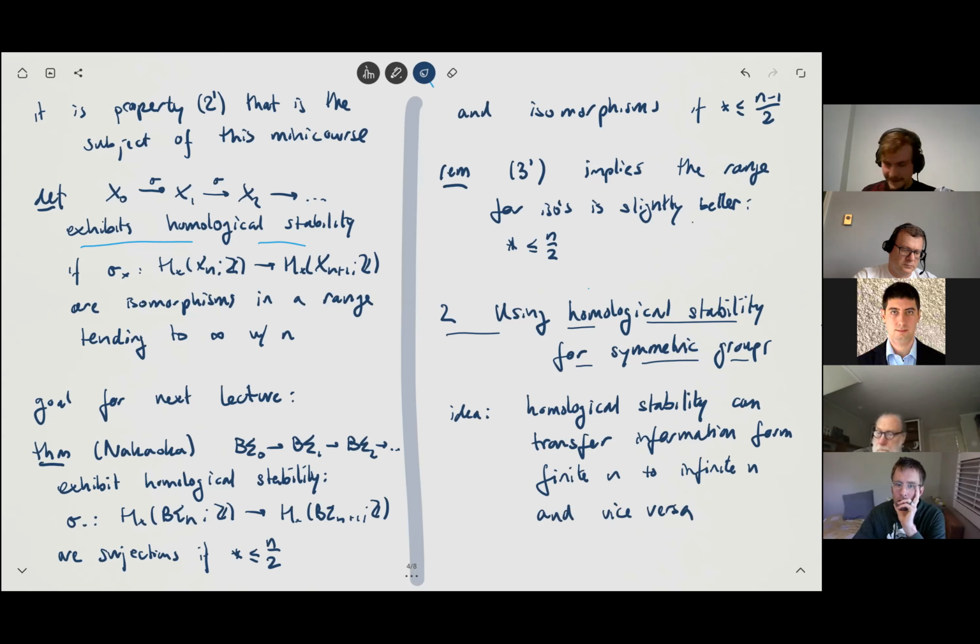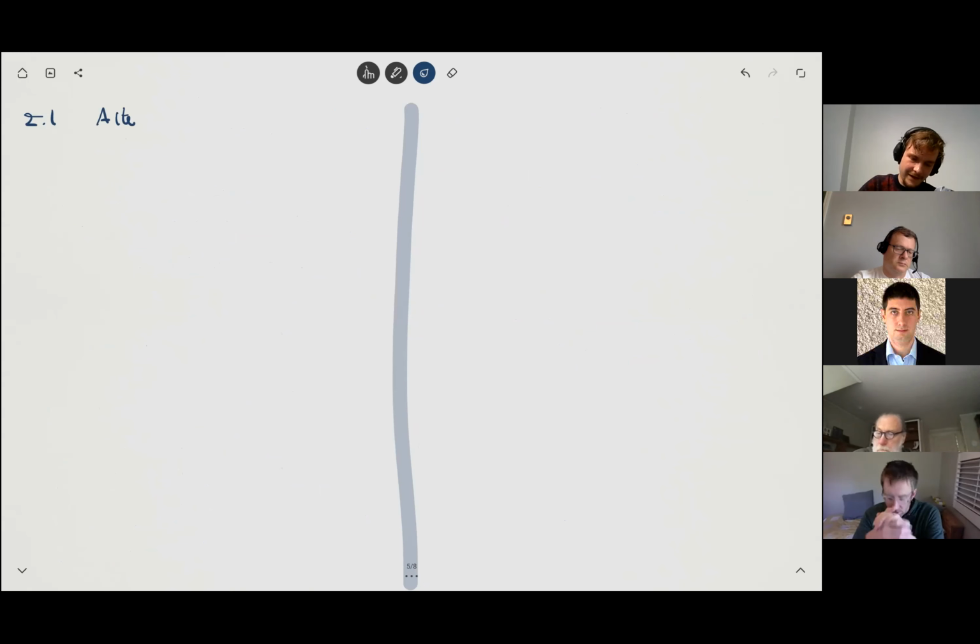So let's start with a very complicated proof of an elementary fact in group theory, which is something about alternating groups.